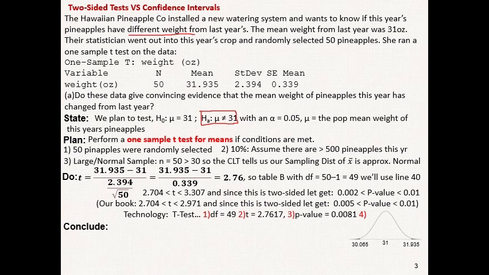Okay, so if you did it by hand, you get a t-statistic of 2.76. Now remember, the p-value in this case is the probability that our t-statistic would be 2.76 or larger, or negative 2.76 or lower.